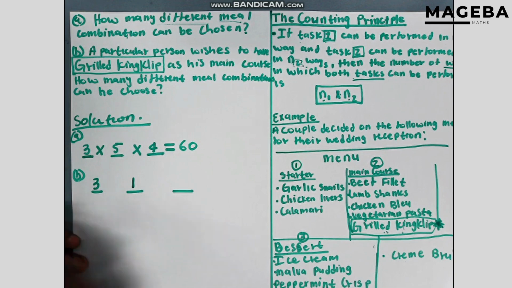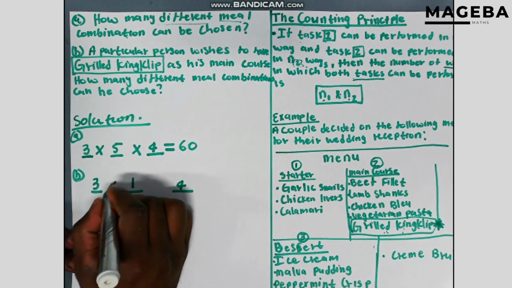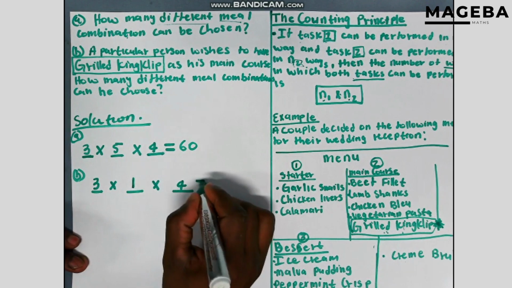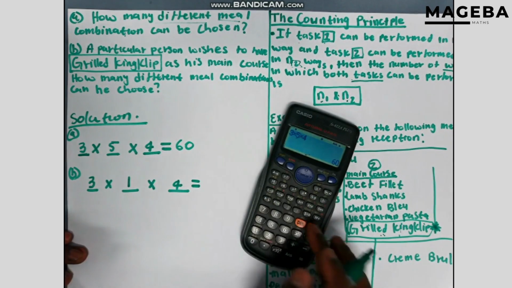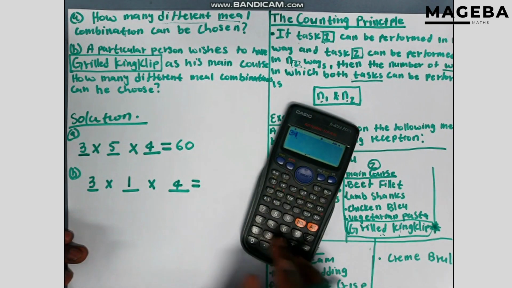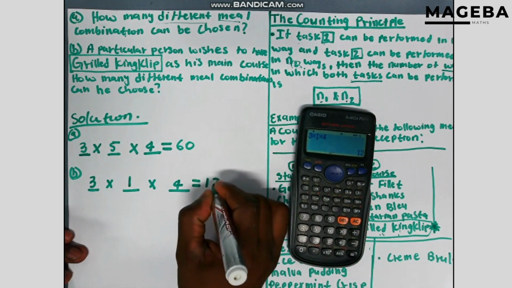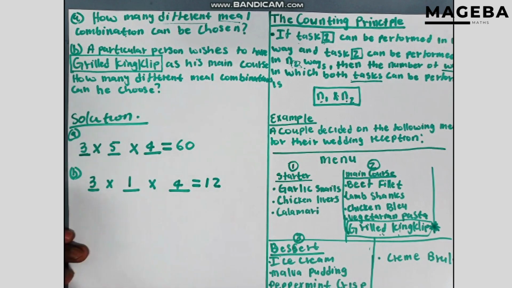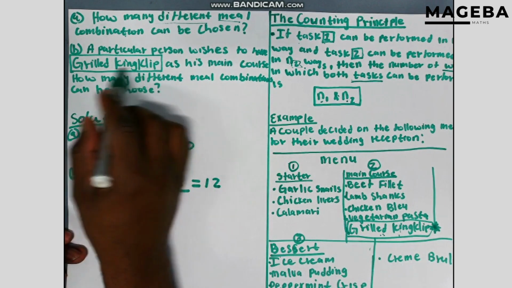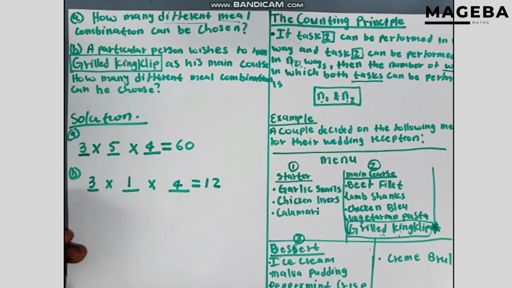On the dessert, he hasn't decided either, so we still have 4 choices. We multiply the tasks: 3 times 1 times 4 gives 12 choices, knowing that the grilled kingklip is on the main course.